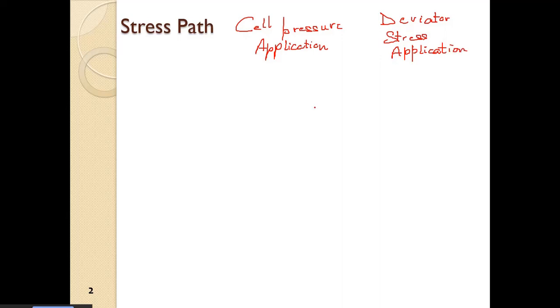In the cell pressure, we apply the pressure through the water in the cell, and the sample is in between. And then in the deviator stress application, we apply the load through the ram.